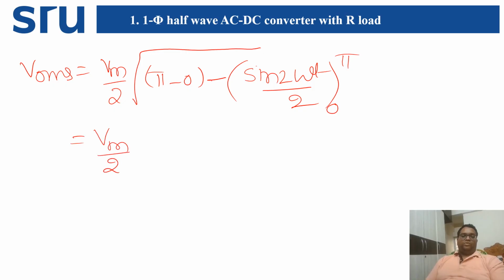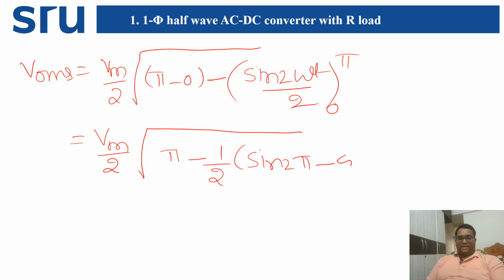Vm by 2 square root of pi minus 1 by 2 common, sine 2 pi minus sine 0. This is the overall thing. Sorry, here pi minus alpha we have to write, right? Alpha to pi value, then alpha to pi, here sine alpha.